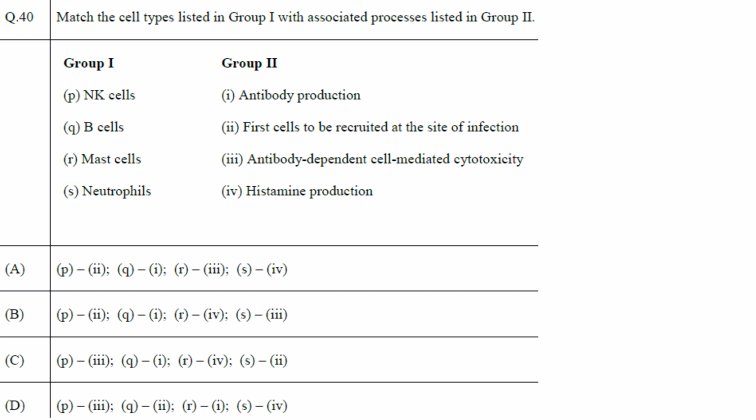So Q1. So C must be the answer out of C and D. A and B we are not taking into consideration because P is not given as 3. Then mast cell histamine production R4 and neutrophils, they are the first cells to be recruited at the site of infection. So C is the answer.